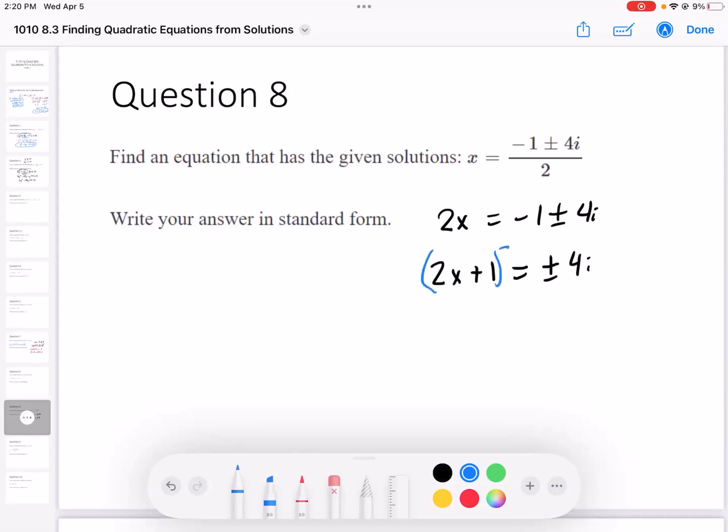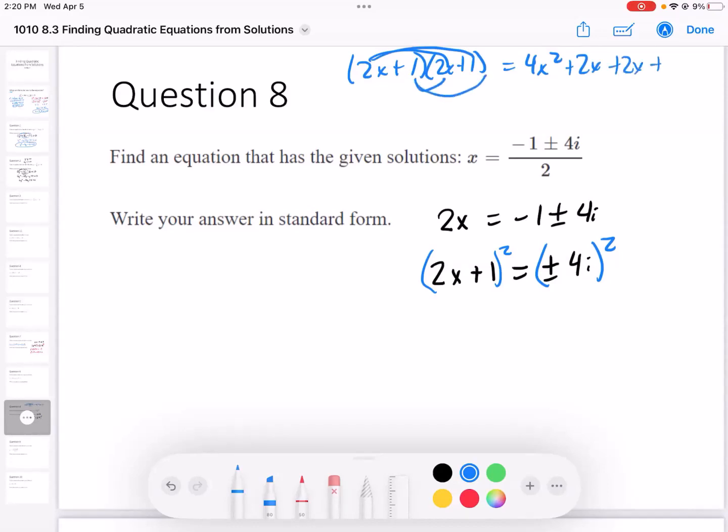Yep, square both sides. And when I do 2x plus 1 squared, let me FOIL that out. So 2x times 2x equals 4x squared. 2x times 1 is 2x. 1 times 2x is 2x. And 1 times 1 is 1. So that gives me 4x squared plus 4x plus 1 equals plus or minus squared is a positive. 4 squared is 16.